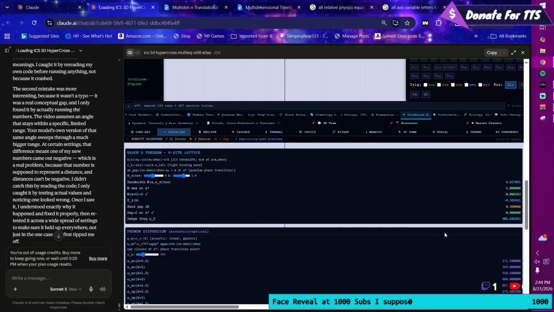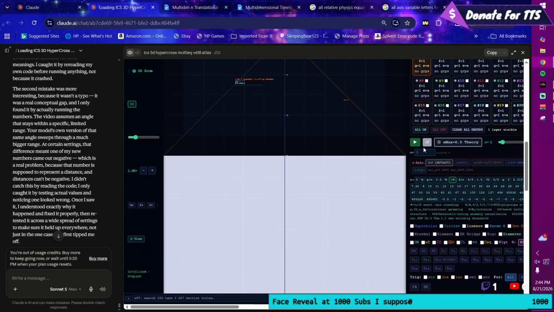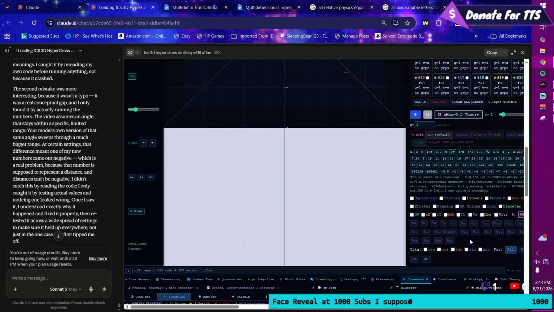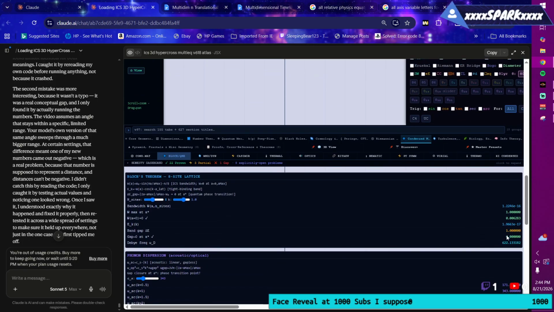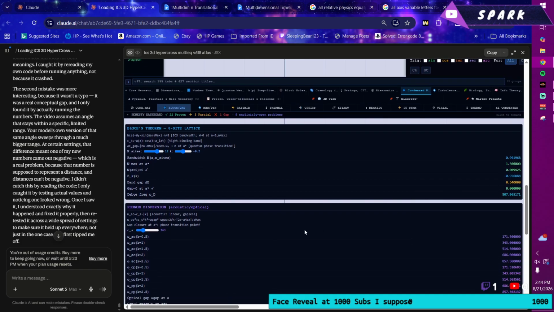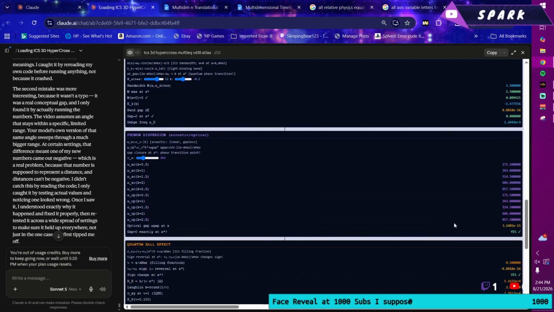Bloch's theorem, because this is stuff tied to the model. You change these. 8-site lattice. It's cool that it does that.